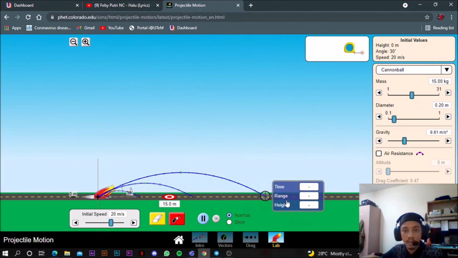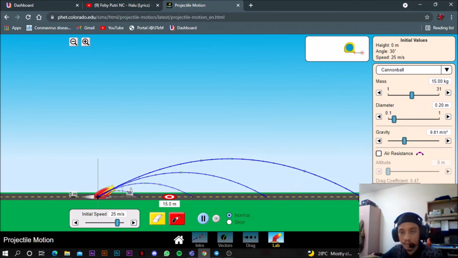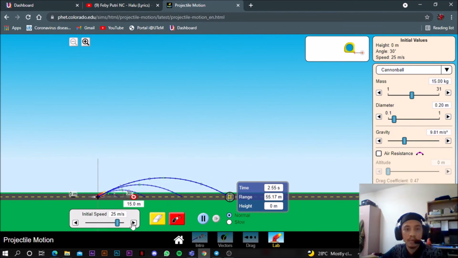We get 35.31 meters, followed by 25 meters per second and launch it. We get 55.70 meters, and then lastly 30 meters per second and launch it.